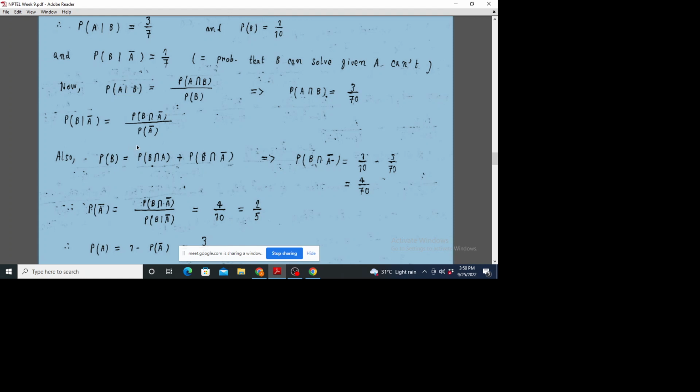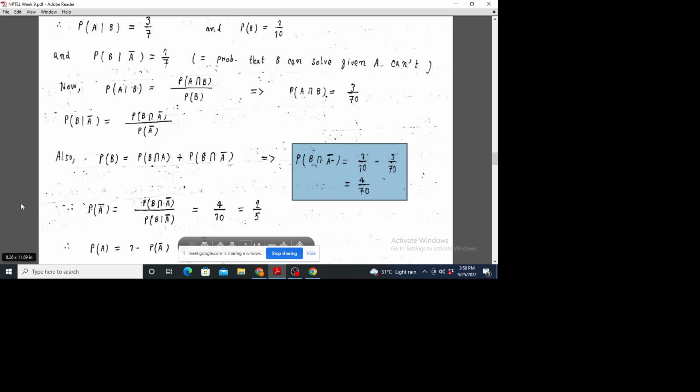So we have just found this first term. This is 3 by 70, as we have just found, and the probability of B is given as 1 by 10 in the question. So that means the probability that B solves the problem and A does not solve the problem is 4 by 70.